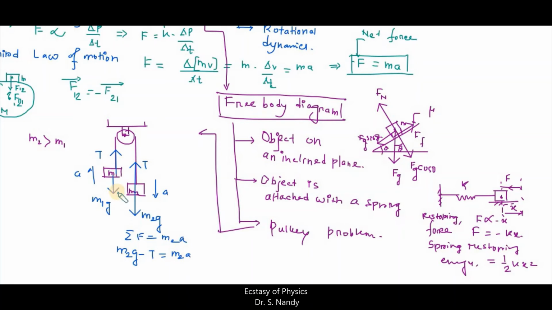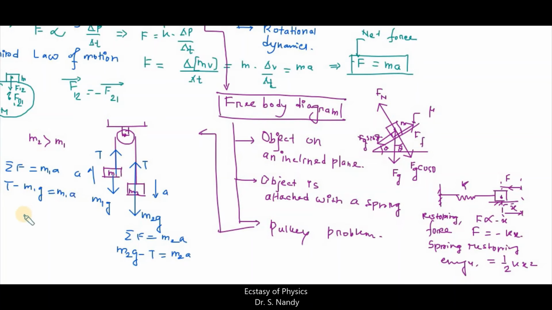And from the first one we can say that the object is moving in the upward direction, which means the net force exerted on the first object is in the upward direction, and that can be represented by summation of F equal to m1 into a, which is T minus m1g equal to m1a.